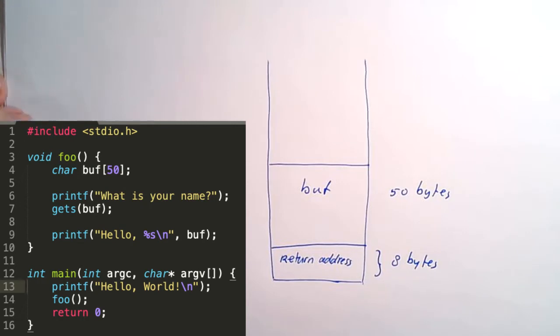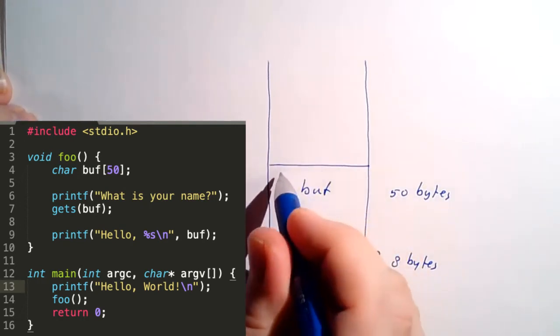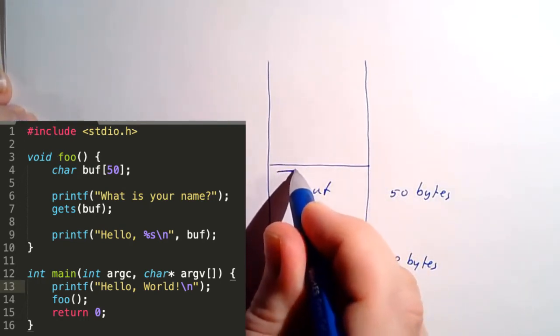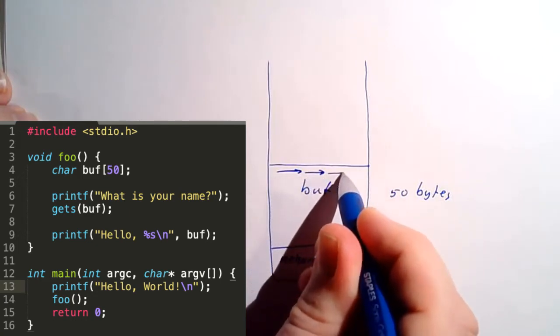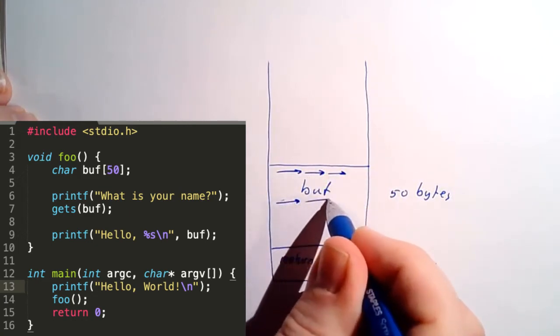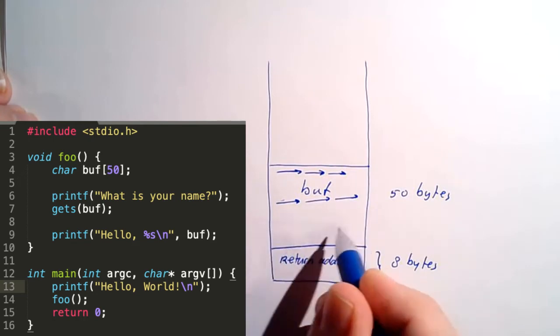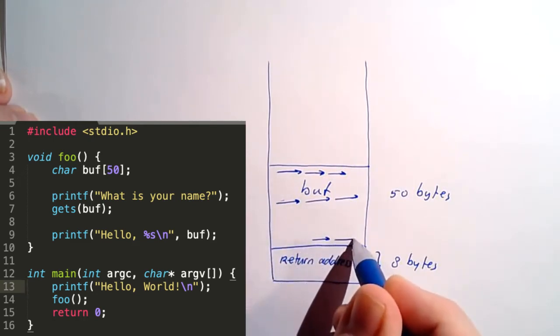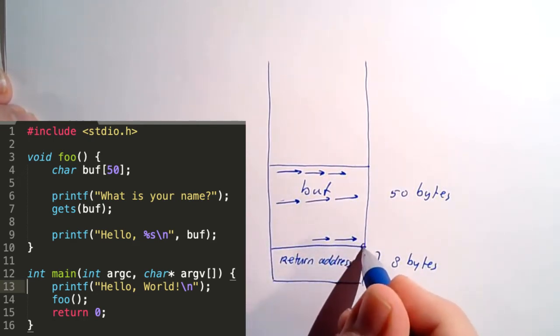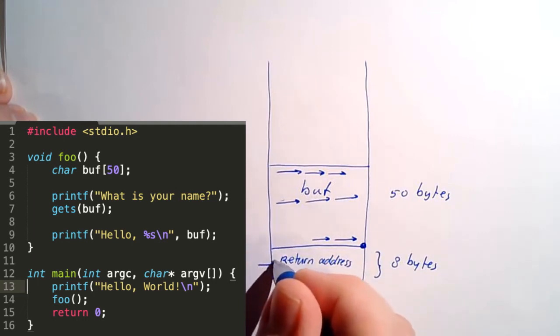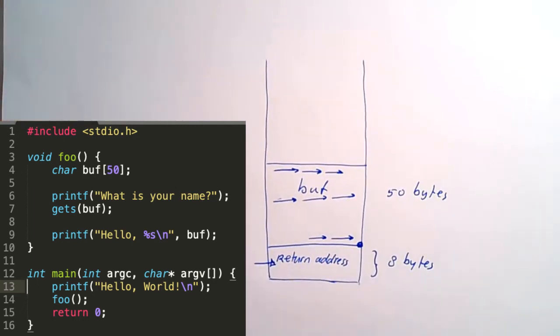Now, what happens is that it starts filling in my buffer from top left this way. That means that if I keep on adding to my buffer all the way till here, and I go over this boundary, I'm overwriting this return address with whatever values I've just put in.